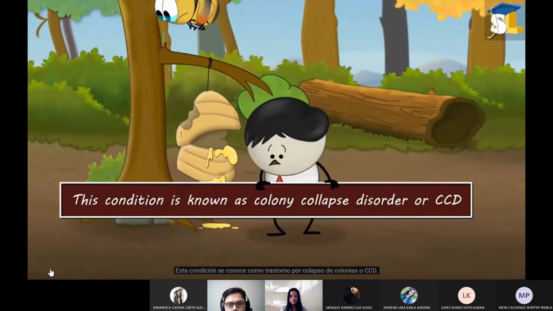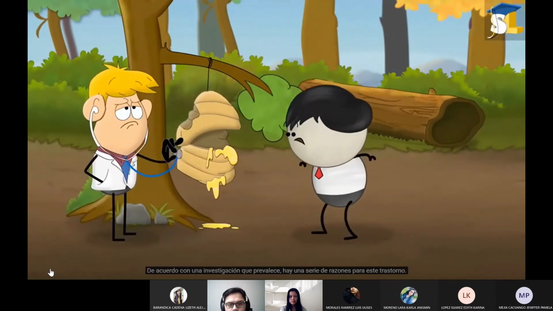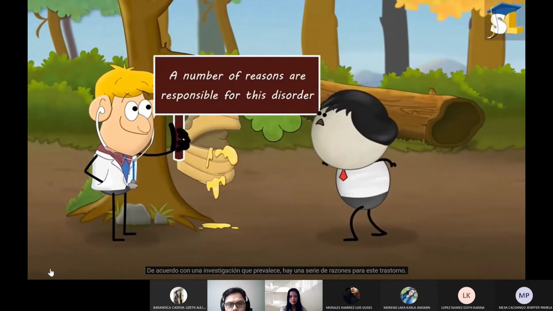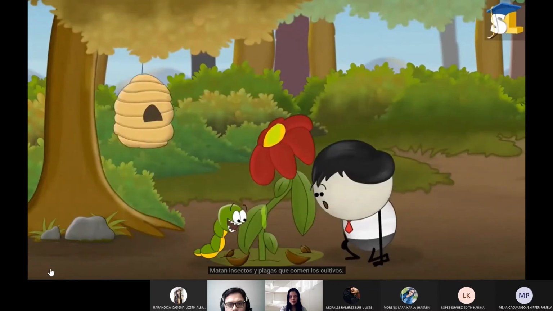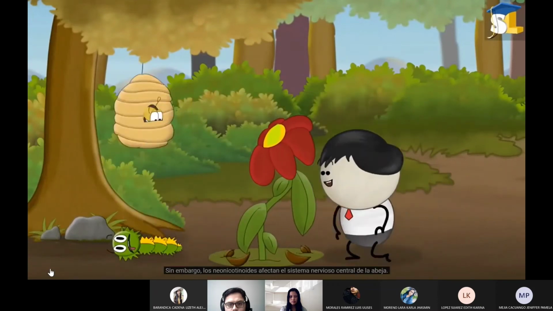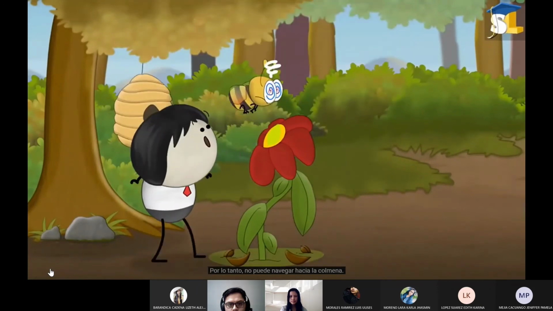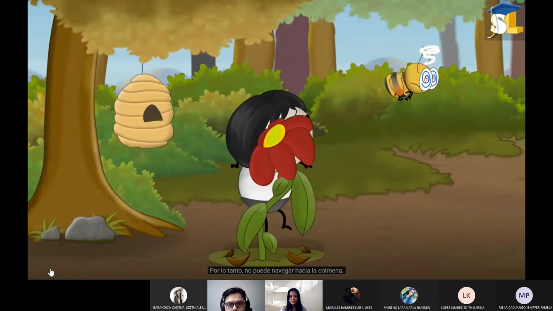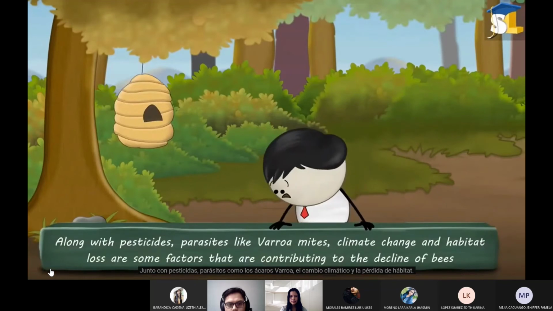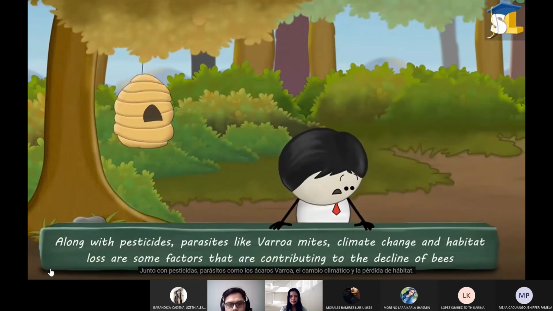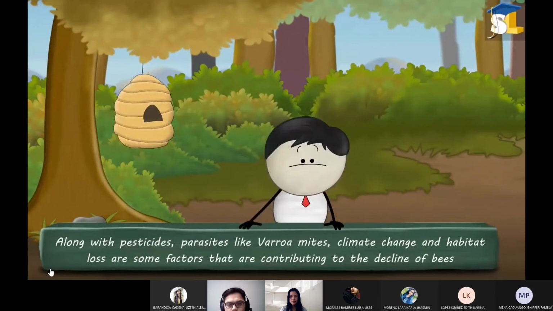This condition is known as colony collapse disorder, or CCD. According to prevailing research, a number of reasons are responsible for this disorder. One of them is pesticides like neonicotinoids. They kill crop-eating insects and pests. However, neonicotinoids affect honeybees' central nervous system. Hence, it cannot navigate its way to the hive. It gets lost and eventually dies. Along with pesticides, parasites like varroa mites, climate change and habitat loss are some factors that are contributing to the decline of bees.